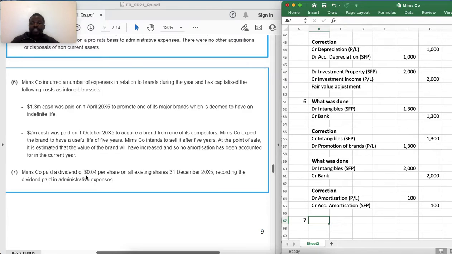Mimco paid a dividend of 4 cents per share on all existing shares at 31 December, recording the dividend paid in administrative expenses. So now let's first calculate how much dividend was paid. So total number of shares at this date.